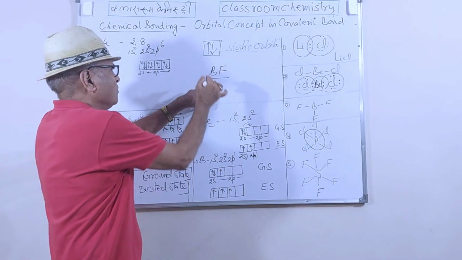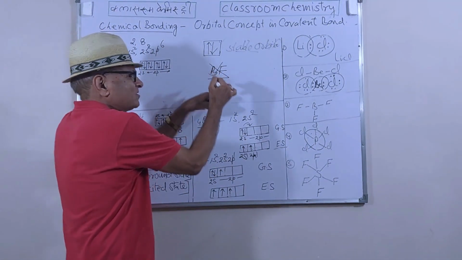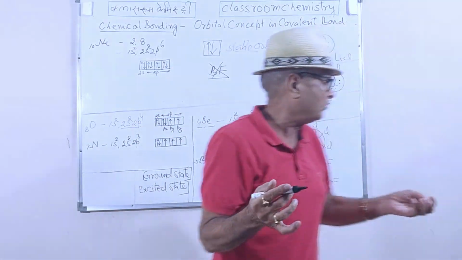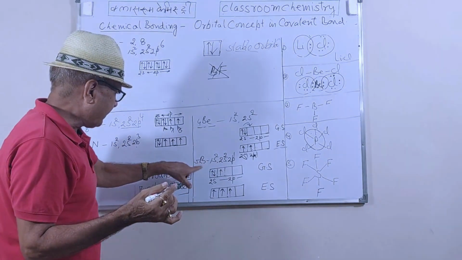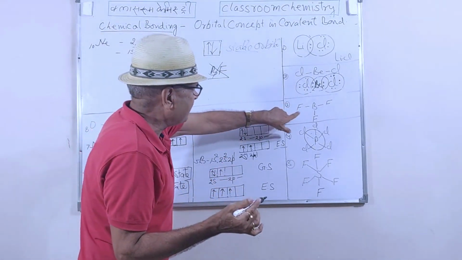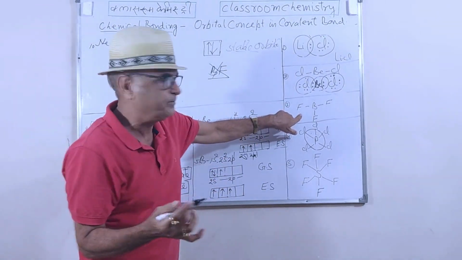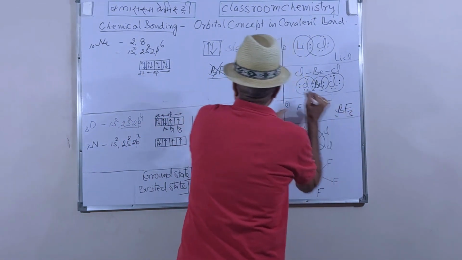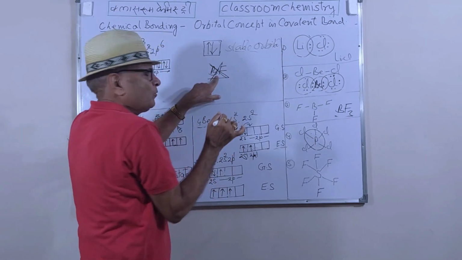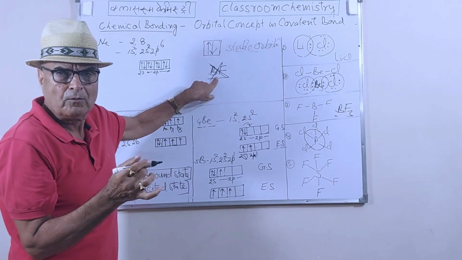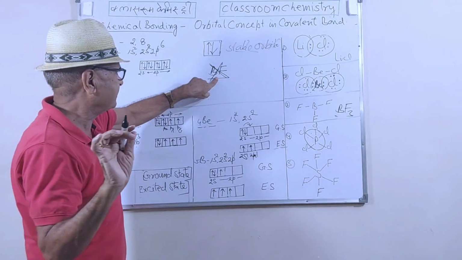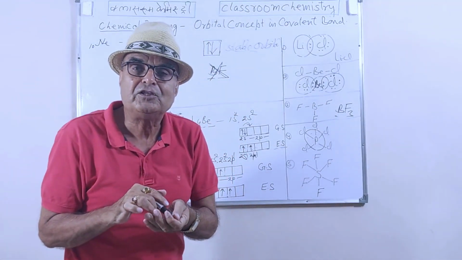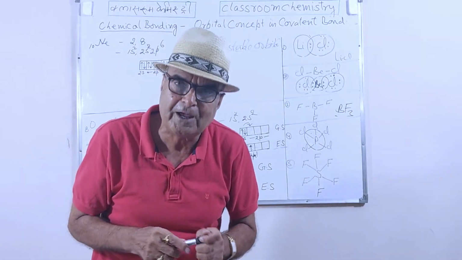But there is no evidence of BF. We only have the compound BF3. You will find BF3; boron monofluoride is not formed in this condition. So explain the formation of BF3.